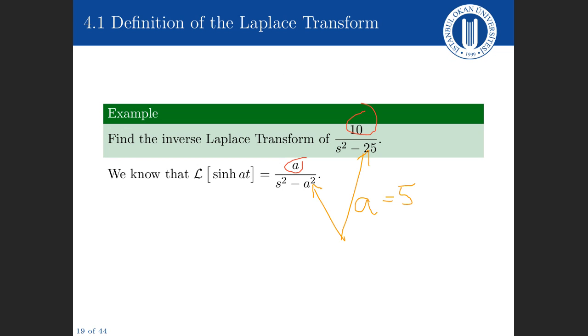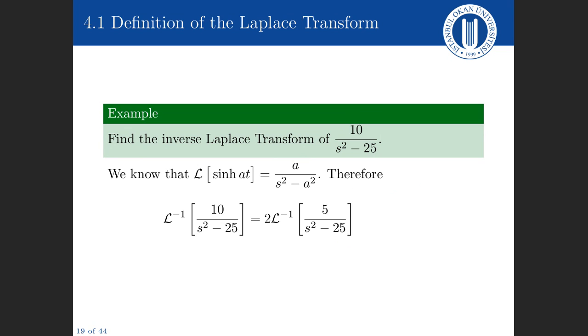We need to rearrange our function slightly so that it looks like a Laplace transform that we already know. For this simple example, all that means is taking a factor of 2 outside the inverse Laplace transform. We're calculating 2 multiplied by the inverse Laplace transform of 5 divided by s squared minus 25. Because you know how to do this, this is then 2 multiplied by sine 5t.